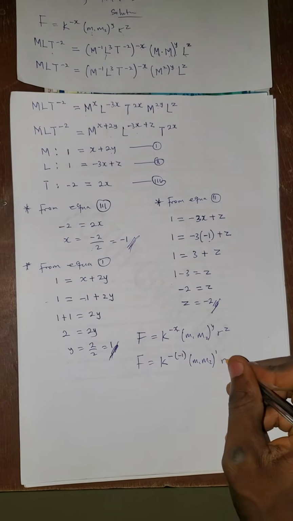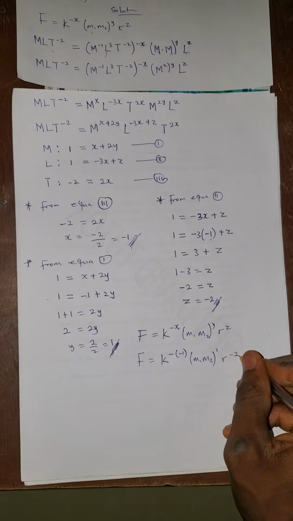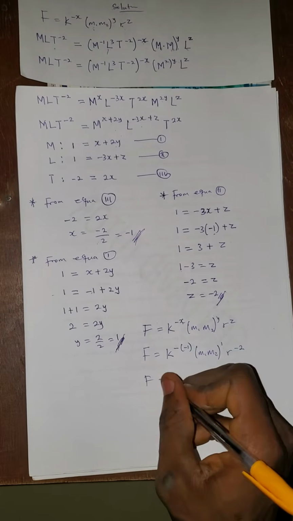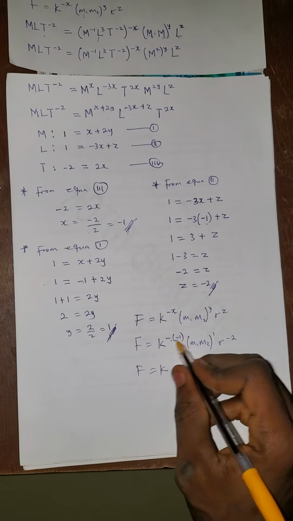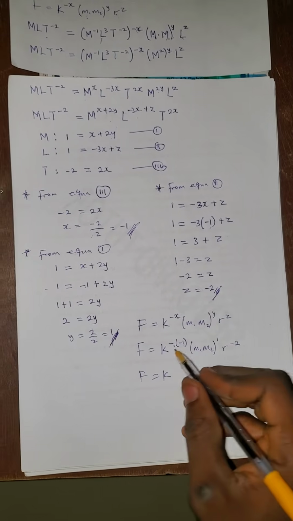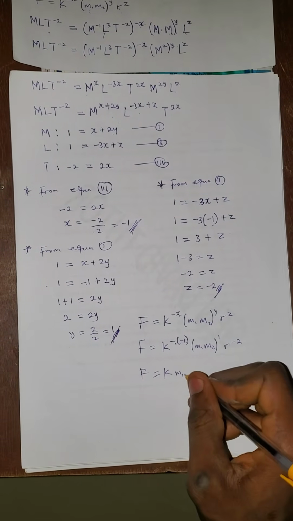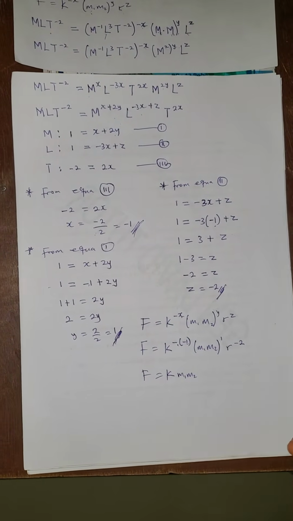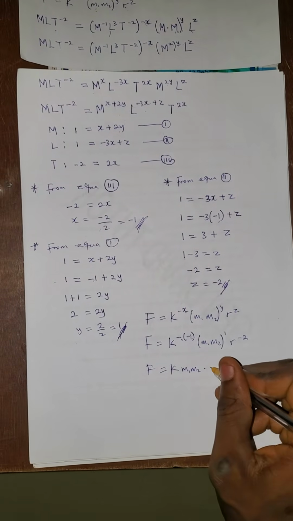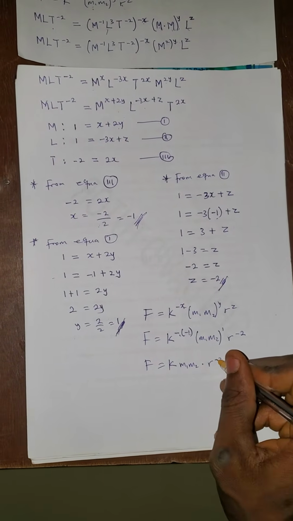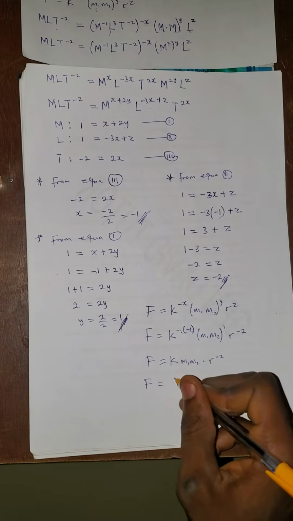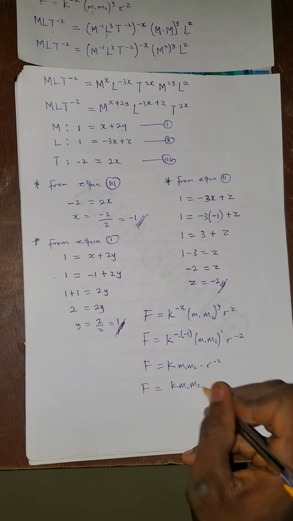Our y is 1. Then r raised power, our z is -2. So F will now be k, because minus times minus will be plus. So this is +1. Then we have m1 m2, multiplied by r raised power -2.